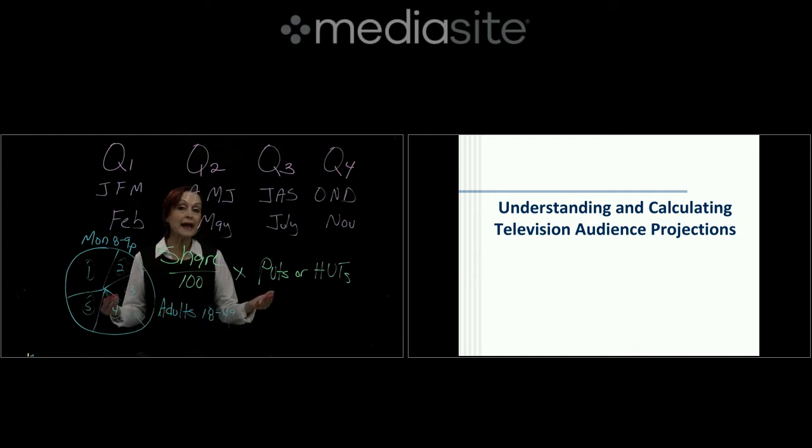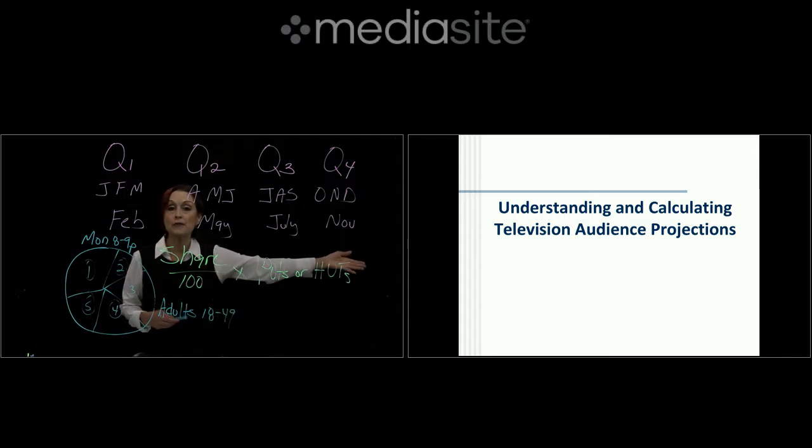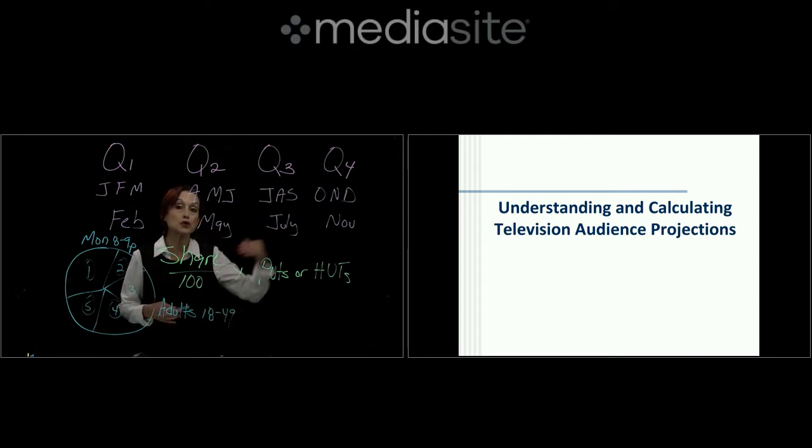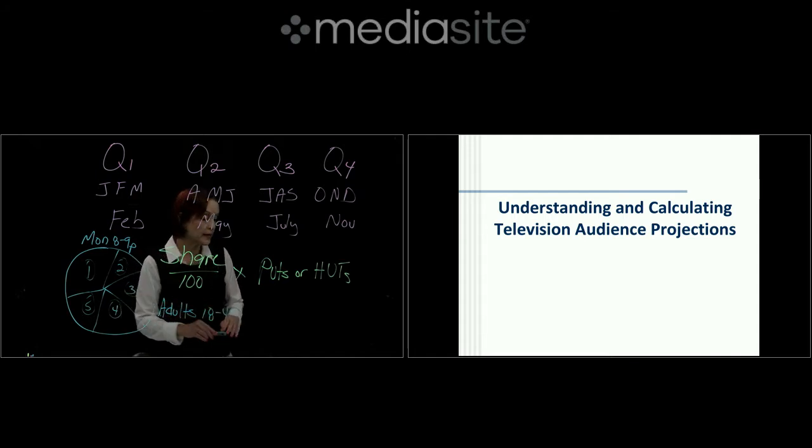So in this case, when we look at how many total adults 18 to 49 watched television on Monday 8 to 9 back in November of the previous year, remember that you do not have that future November audience data. You don't have it. So you have to go to the past November data to study actual audience levels to estimate potential future audience. I hope this is clear, but we're going to do it in an example.